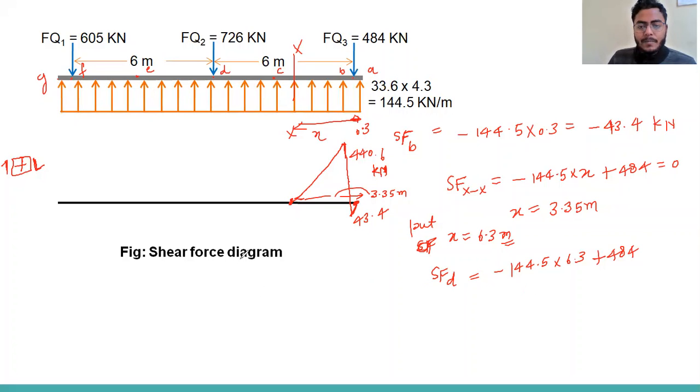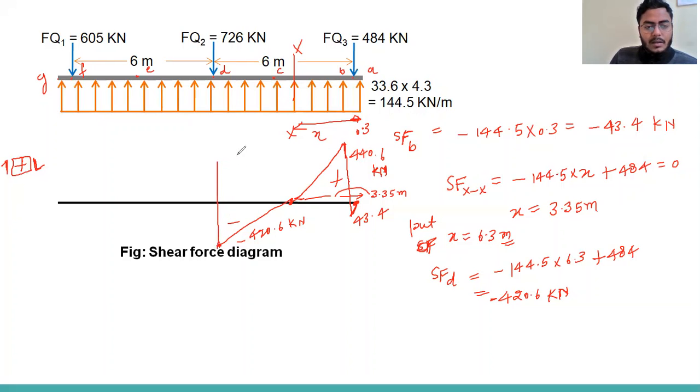We get the value, and that is 420.6 kilonewton, and that is negative. This is positive, this is negative, this is negative. And we get a sudden change here, because that is the concentrated load.